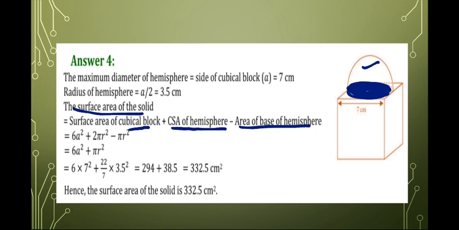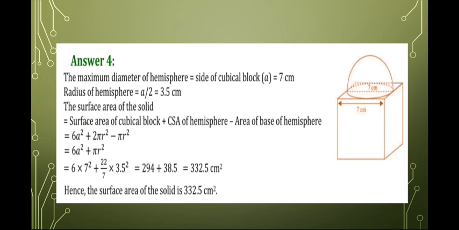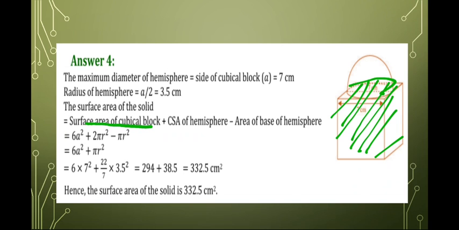The surface area of the cubical block will be the whole section with this top face, then the curved surface area of the hemisphere will be this section, then you have to subtract the area of the base of the hemisphere from it.